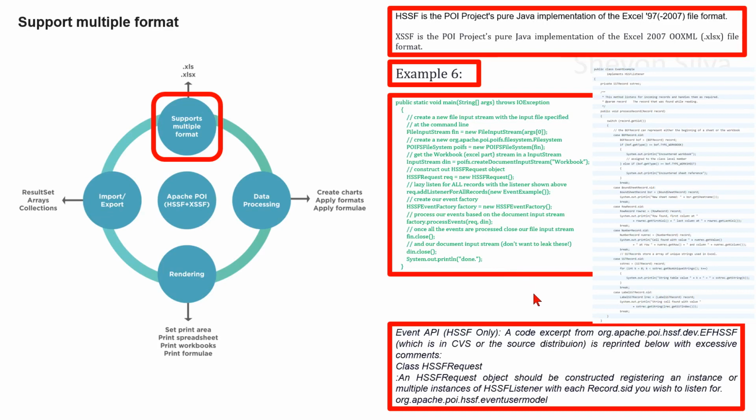Now we are considering the event API, which is HSSF only. The code here is the code excerpt from org.apache.poi.hssf.dev.EFHSSF, which is in CVS or the source distribution, reprinted here without the excessive comments.